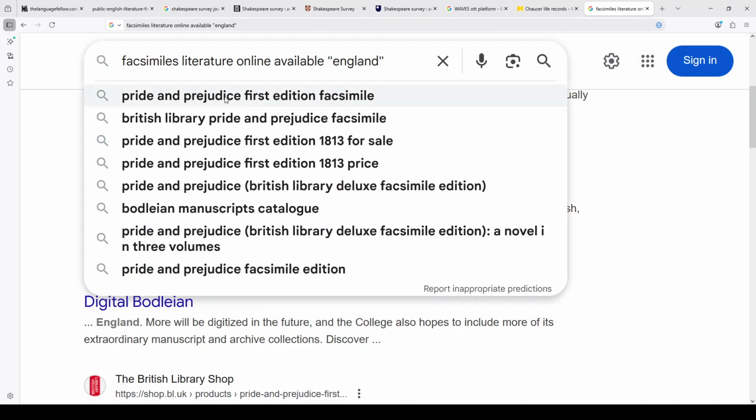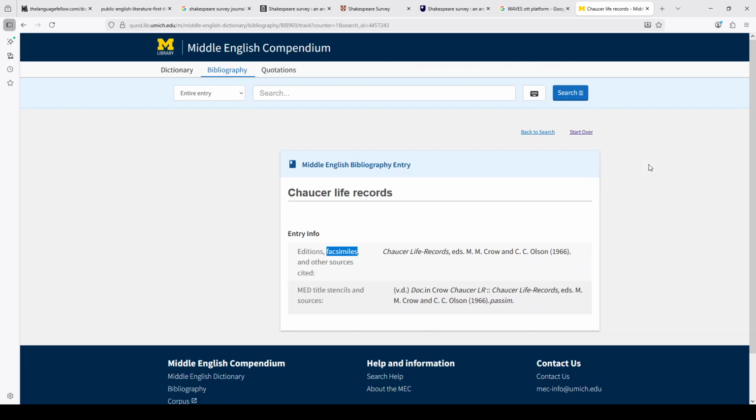You can see the search, right? Pride and Prejudice, first edition facsimile, and you have such requirements. You have such resources you want to find when you're conducting literature studies and literary studies, and you're trying to write a thesis for your degree.